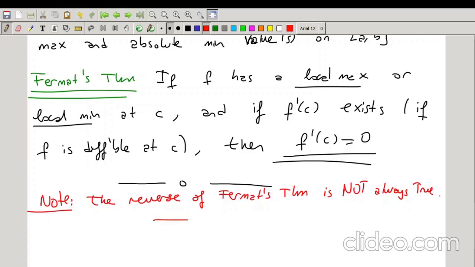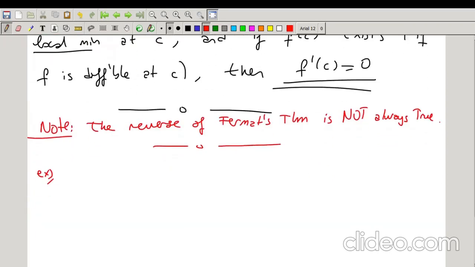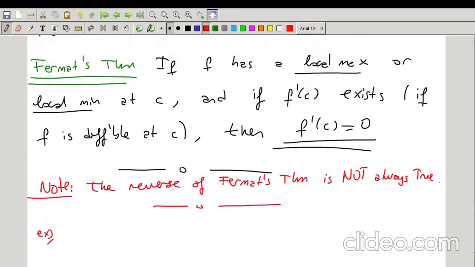What is the meaning of reverse? Let us see in the following. Let us observe that we have f prime of c equal to 0, but f does not have, let me read the theorem again, f prime of c equal to 0, and then f does not have a local maximum or local minimum.